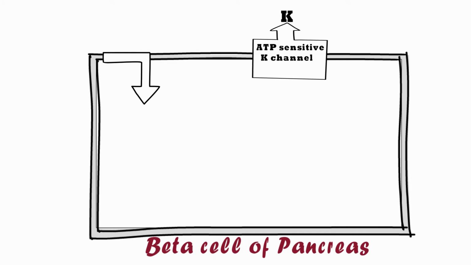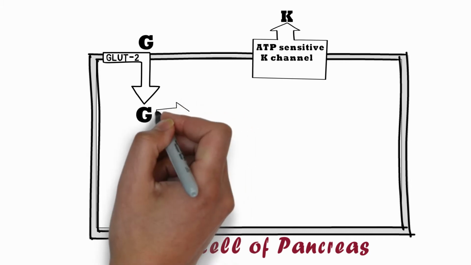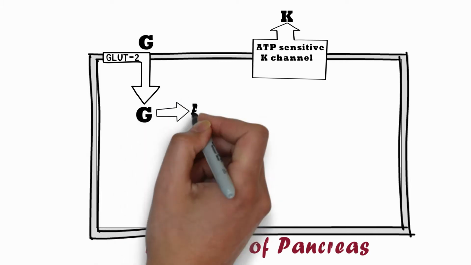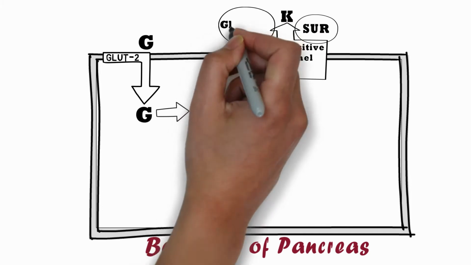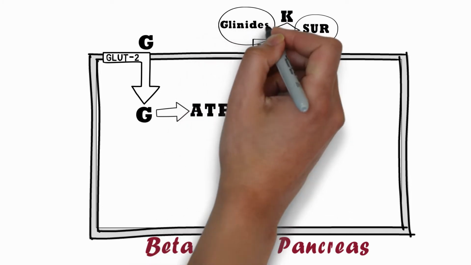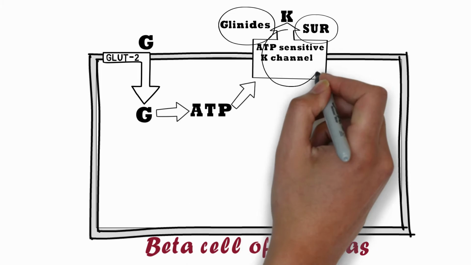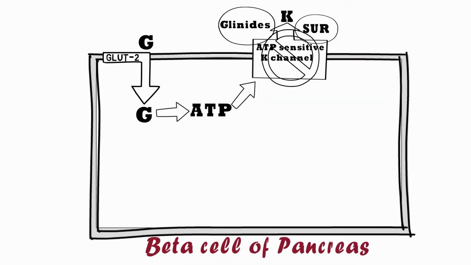After we take a meal, the GLUT2 mediated uptake of glucose into the beta cells and its subsequent oxidation to form ATP, or the use of sulfonylureas and glinides, can block this ATP sensitive potassium channel, resulting in increased concentration of potassium inside the cells.